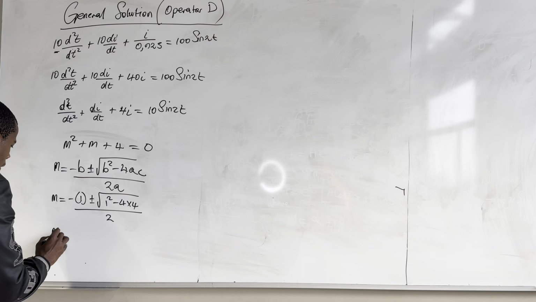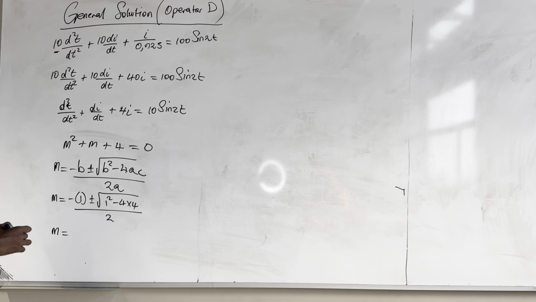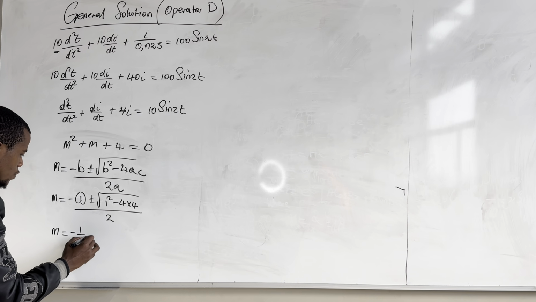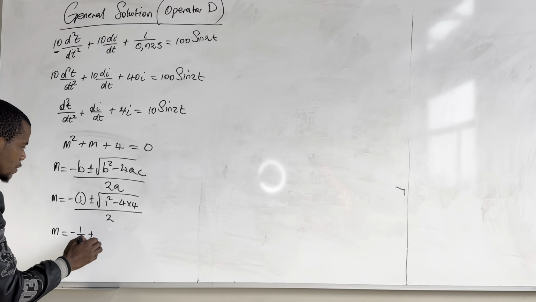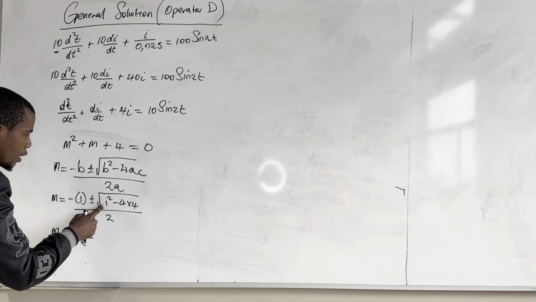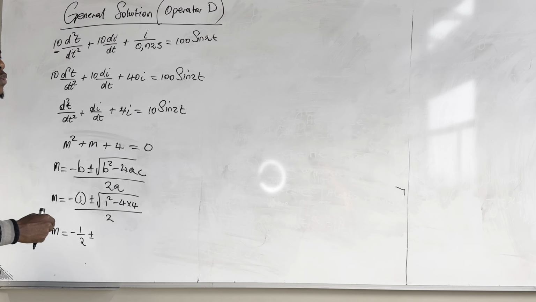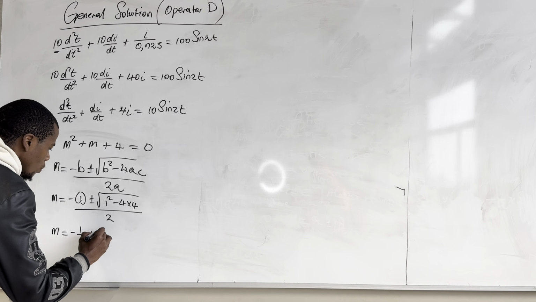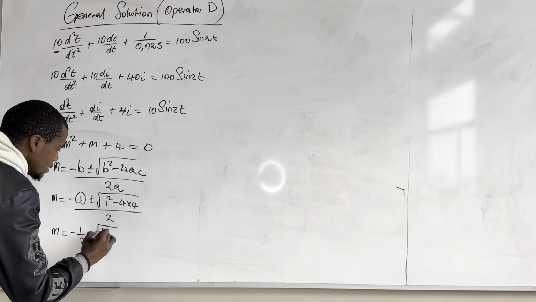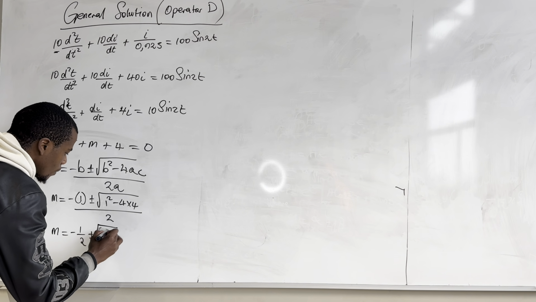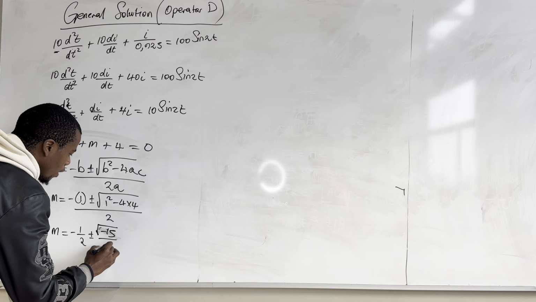Then m is equal to negative 1 over 2, plus or minus the root of 1 squared, which is 1, minus 4 times 4, which is 16, and 1 minus 16 is negative 15, over 2.